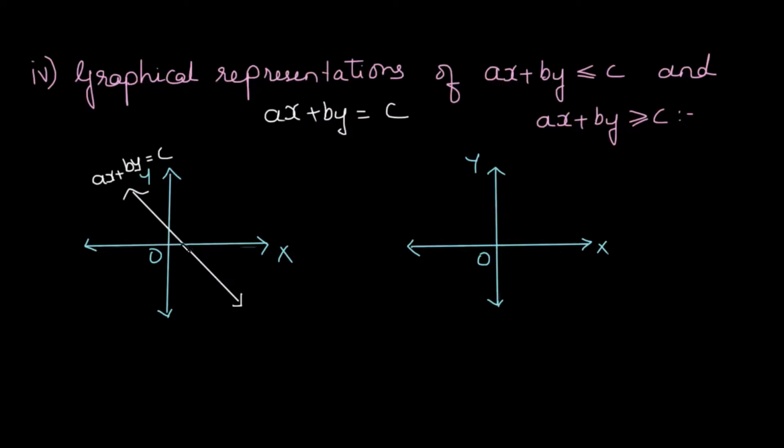Obviously this line does not pass through the origin. Usually, not always, if it is less than or equal to c, the solution would lie on the origin side. How to find out whether the solution lies on the origin side or the non-origin side, we'll see later on.